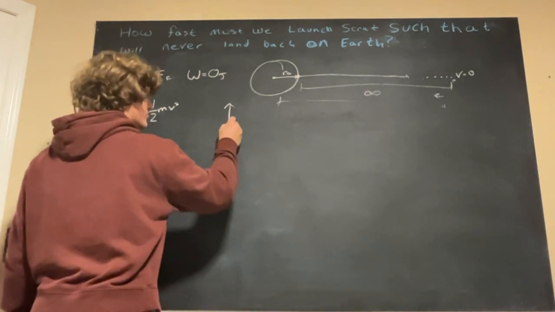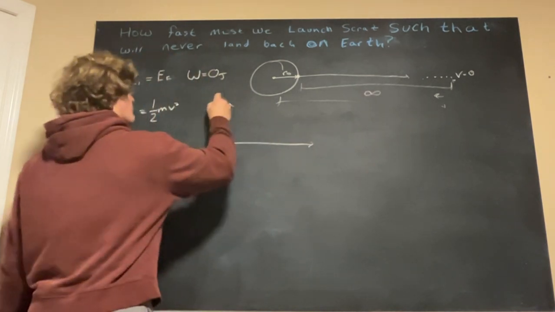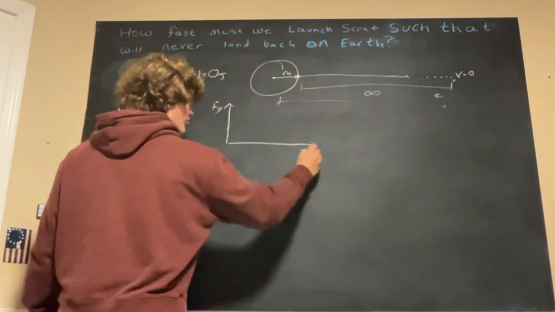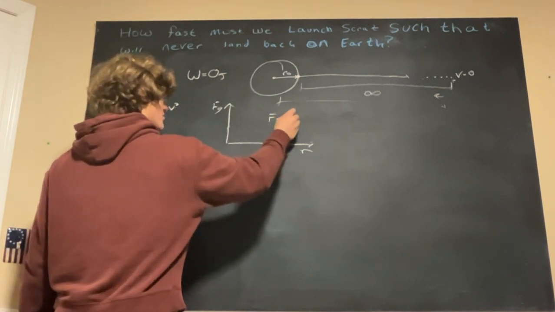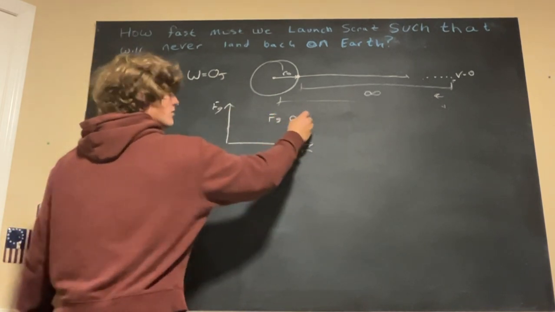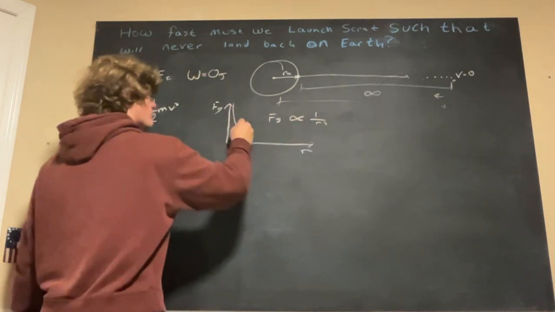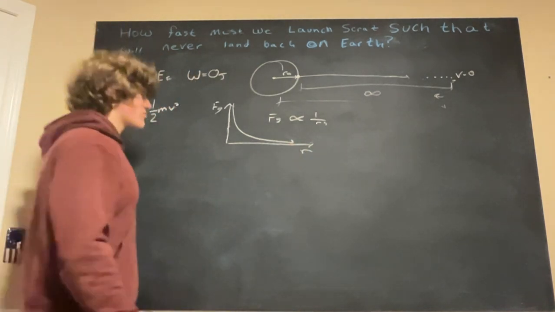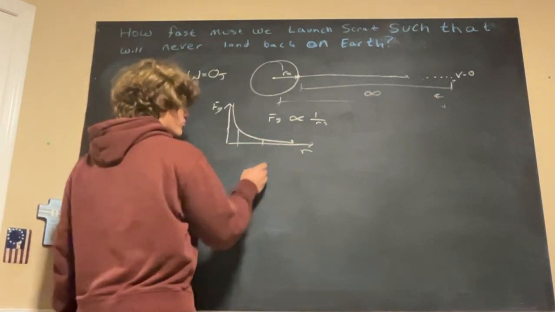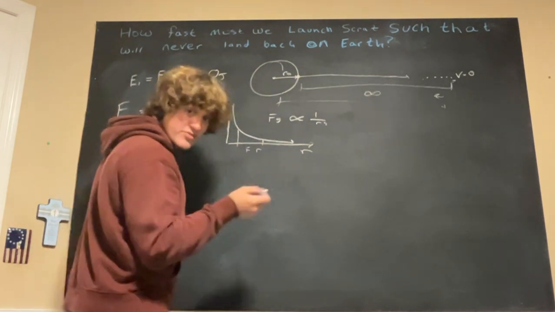Since this is a large radius, we will look at this graph of Fg versus r, and since Fg is proportional to 1/r squared, our graph will look something like this. Our area under this graph is equal to force times displacement in the direction of the force.